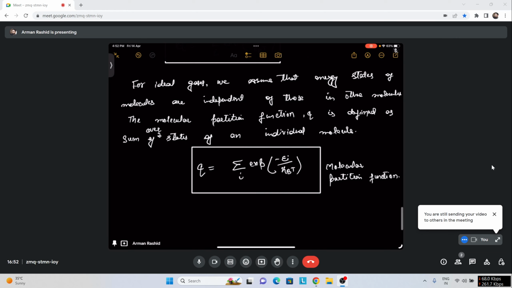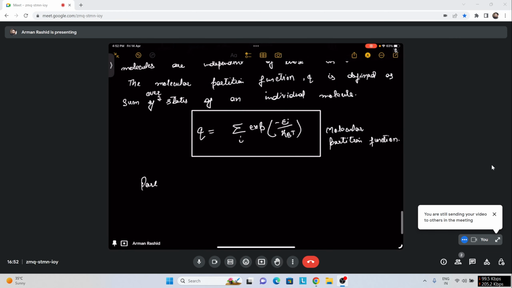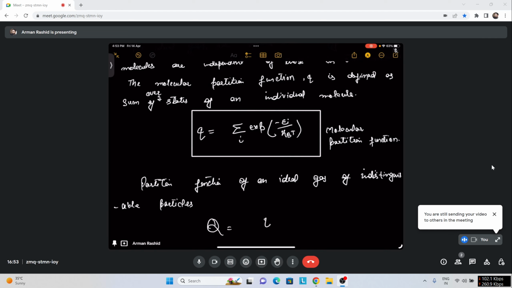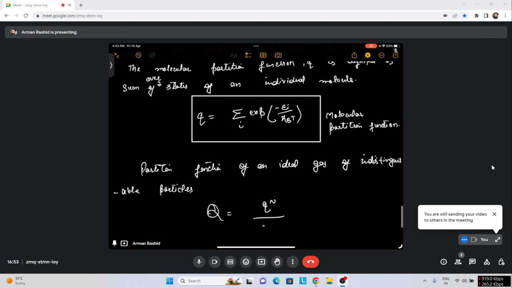Now if we write the partition function of an ideal gas of indistinguishable particles, it will be q raised to the power N divided by N factorial.